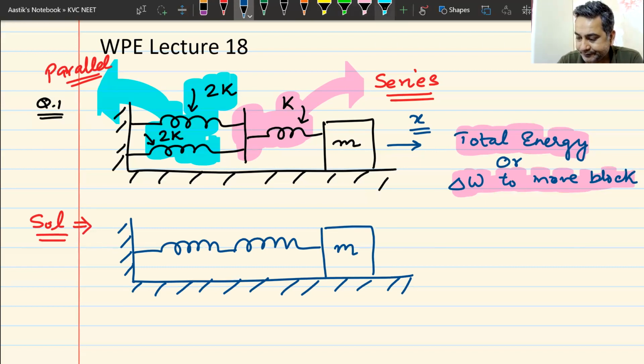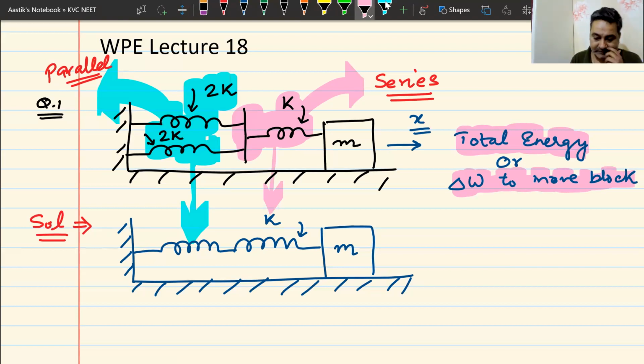As you can see, these two springs are replaced by a single spring. This one, the spring constant is K, not a problem. This spring is still here, the K spring. But now 2K and 2K have been replaced by one spring.